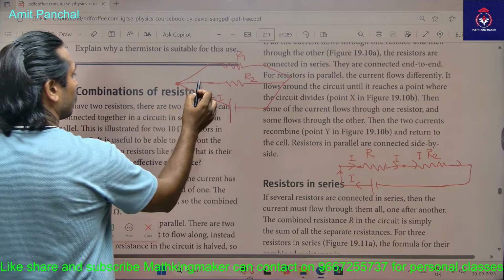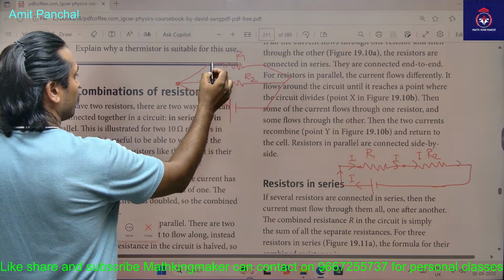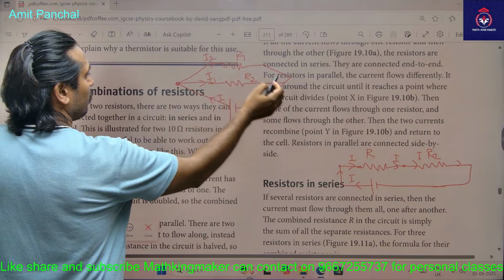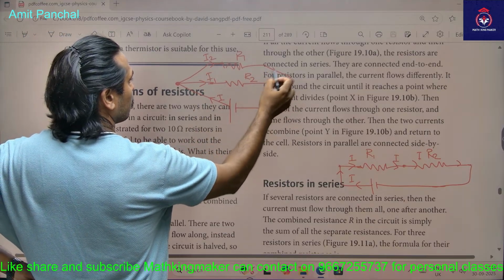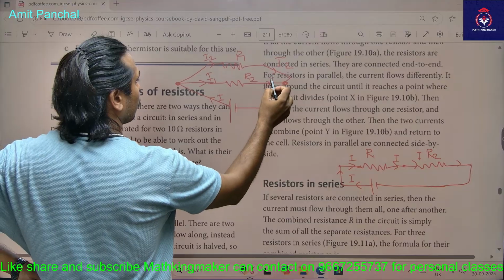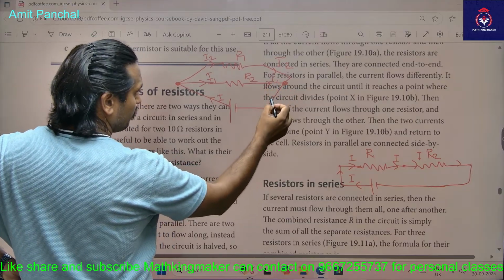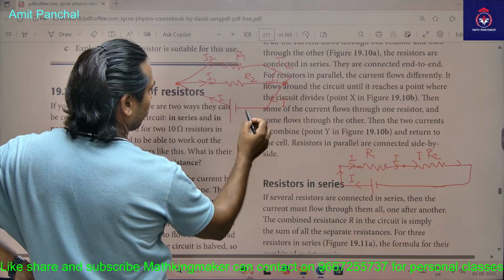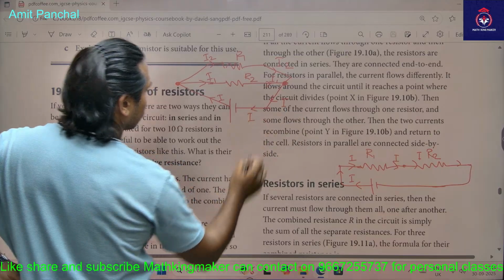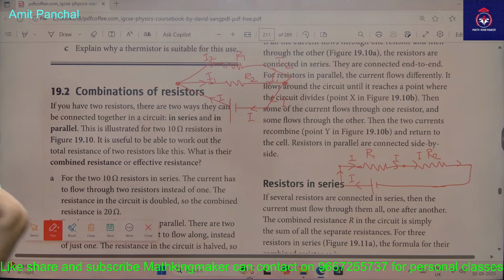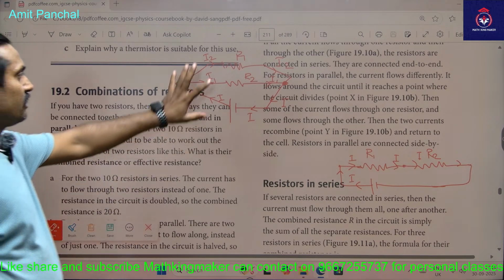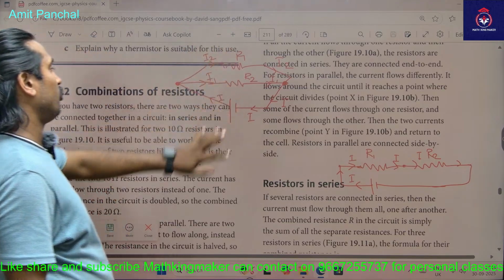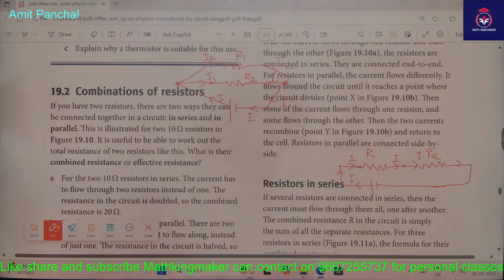Some current will be flowing into this one, that is I1. Let us say it is I2. Again, at this node, this is I2 current, this is I1 current. Again, that will combine together. So that will be I current again. So whatever current is out from the battery or out from the cell, the same current will be received by the cell. Okay. Yes. So that combination is said to be the parallel combination.